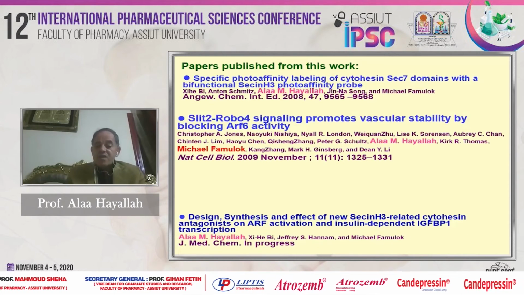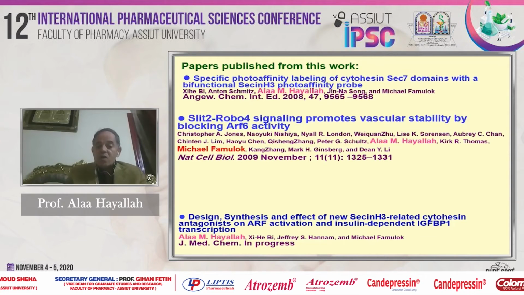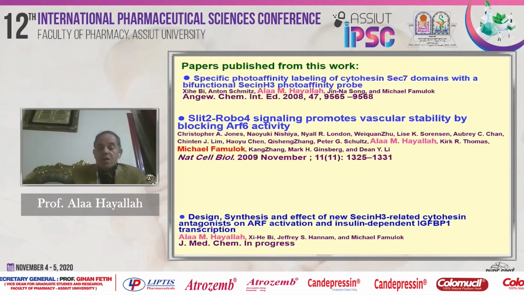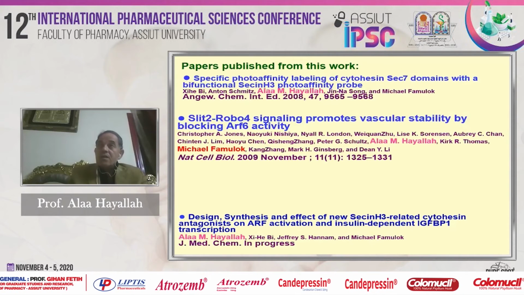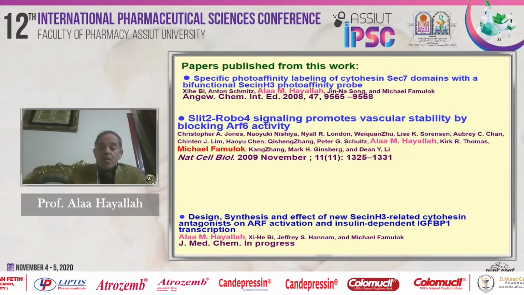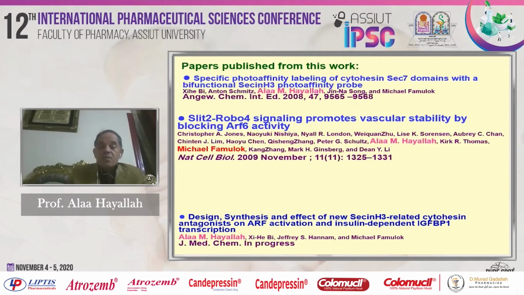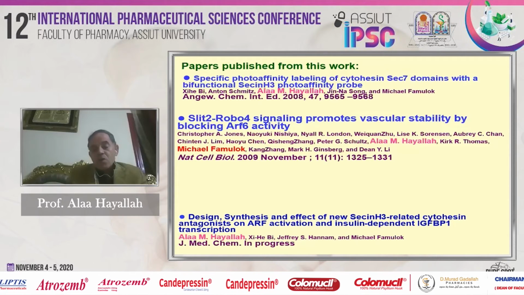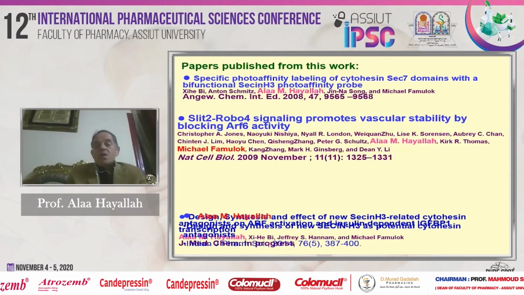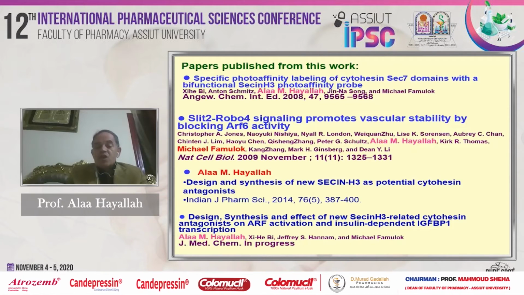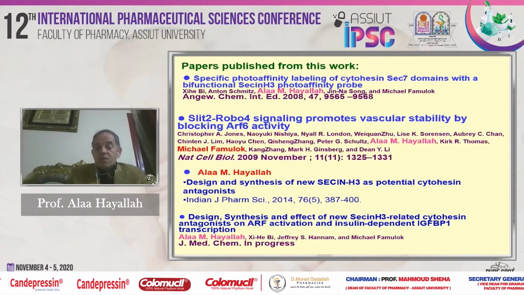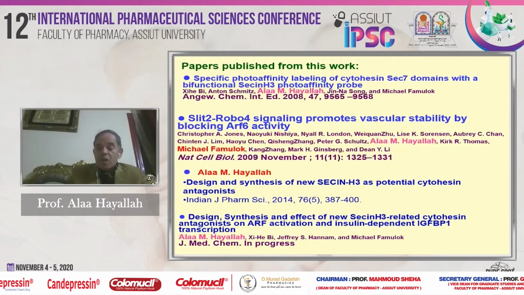Design and synthesis of SecinH3-related cytohesin analogs on ARF activation in insulin-dependent transcription is still in progress for submission to the Journal of Medicinal Chemistry, and I think it is more or less nearly finished. Design and synthesis of new SecinH3 as potential cytohesin antagonist, Indian Journal of Pharmaceutical Science, 2014.